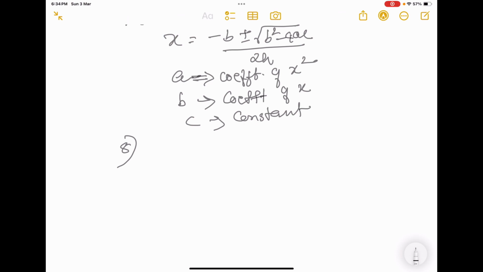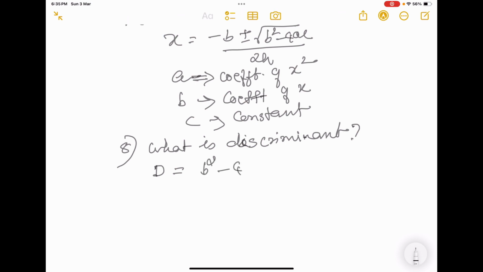What is discriminant? D equal to b square minus 4ac.